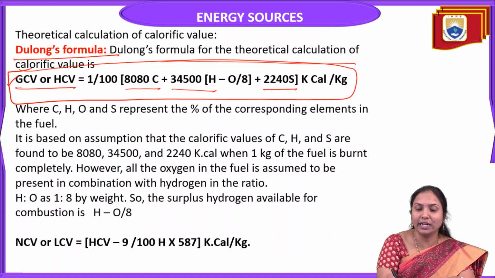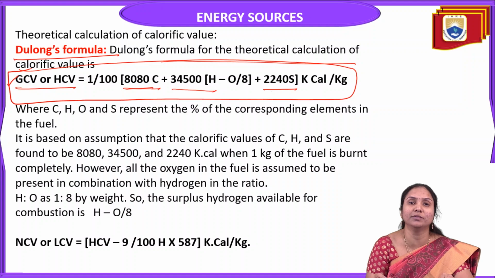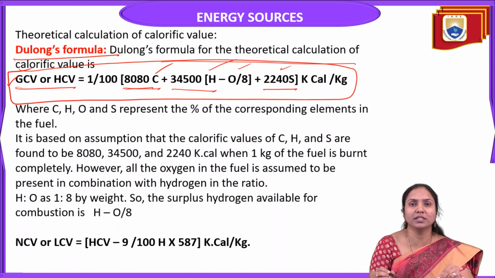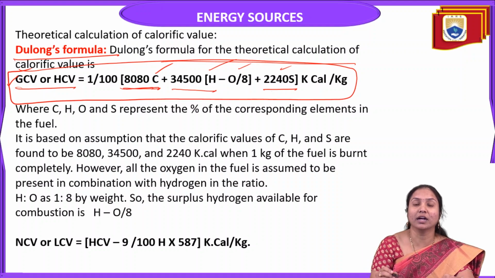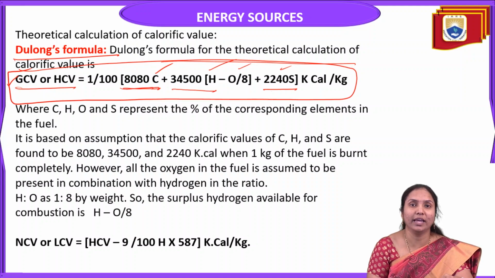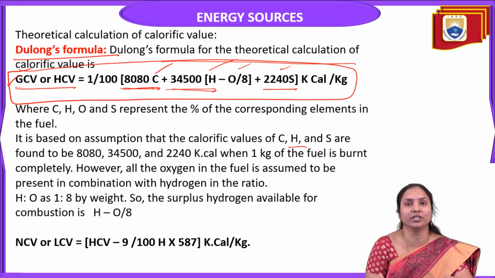Generally, which elements are present in fuel? Carbon, hydrogen, oxygen, sulfur. Generally these elements are present in fuel. So here 8080 means the calorific value of carbon is 8080. Theoretically, the carbon calorific value is 8080, the calorific value of hydrogen is 34,500, and the sulfur calorific value is 2,240.